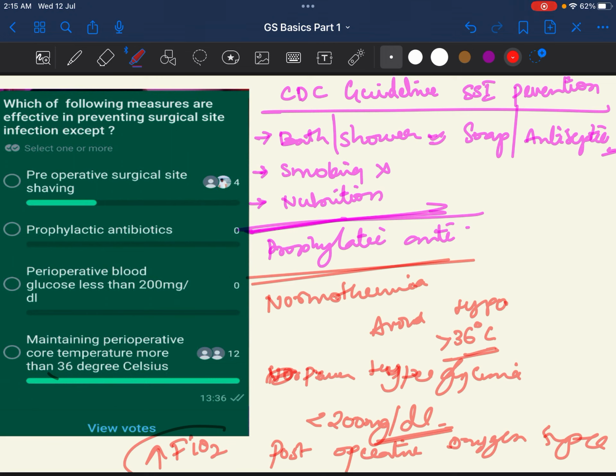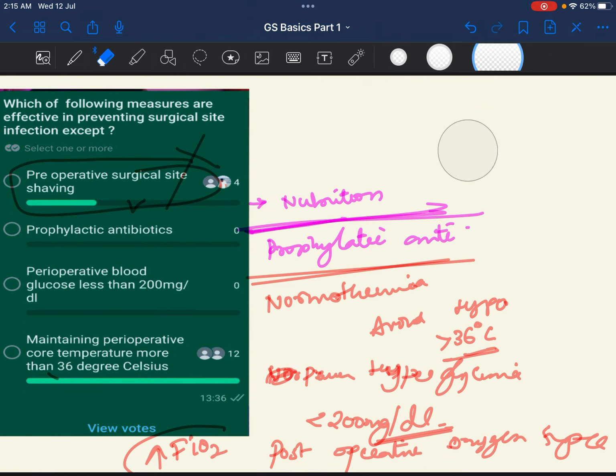So let us come to the options here. First option is given as preoperative surgical site shaving. So we will discuss this. You should not do preoperative surgical site shaving. Why?